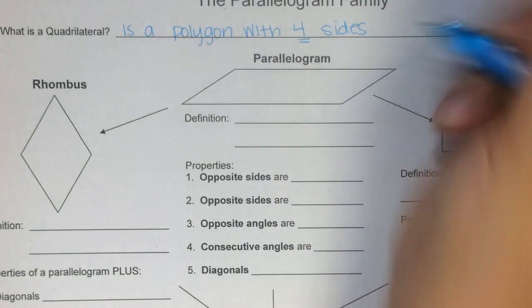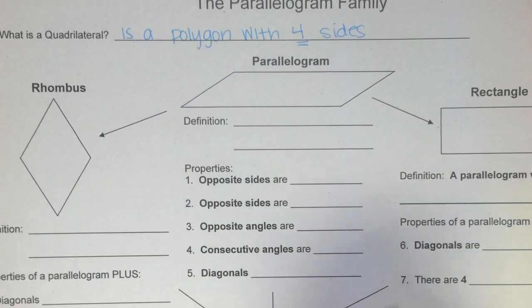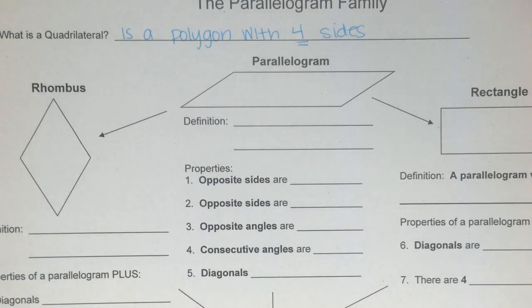So, on Friday, we learned about a parallelogram. If you don't remember, open up your notes to page 52. If you were not here on Friday, in just a little bit, come get these notes from me. Page 52 has everything I'm about to write down.